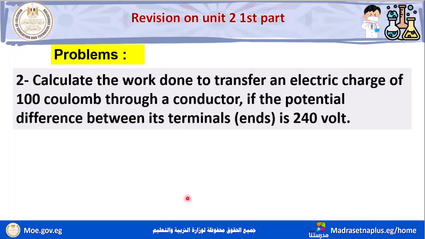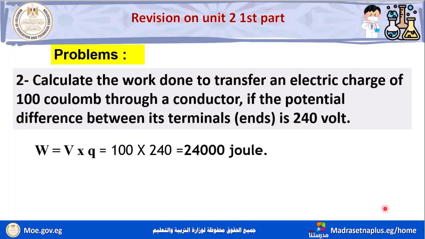Problem number 2. Calculate the work done to transfer an electric charge of 100 coulomb through a conductor if the potential difference between its terminals or ends is 240 volt.